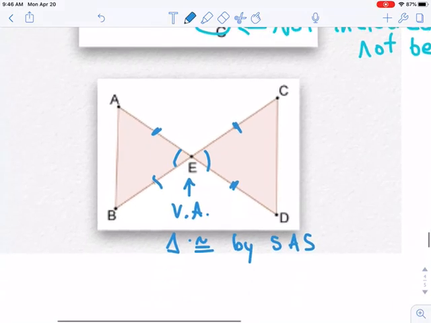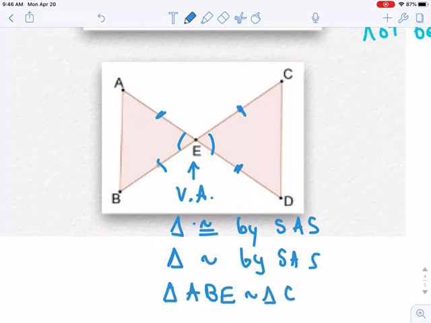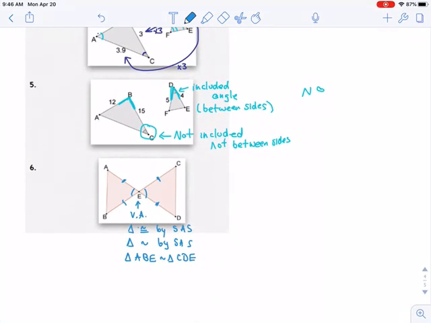And since they're congruent, we know the triangles are similar by SAS. If they're congruent, they're also similar. The scale factor is just 1. So for a similarity statement, I'm just going to say triangle ABE is similar to triangle CDE. All right, and that's it for these notes. Hopefully you had as much fun as I did.